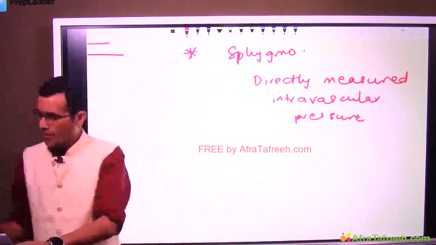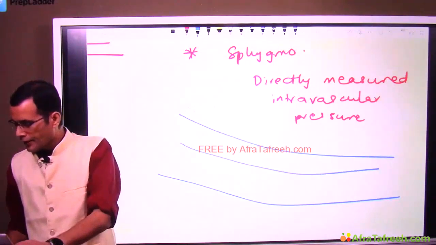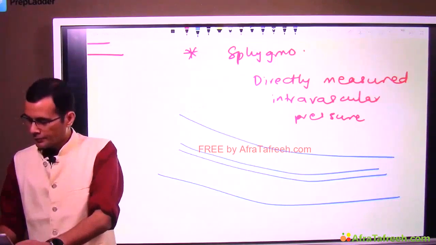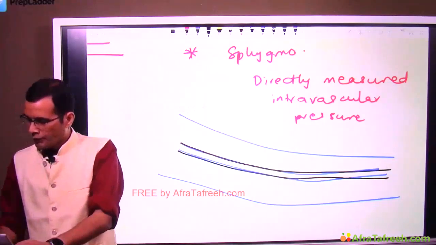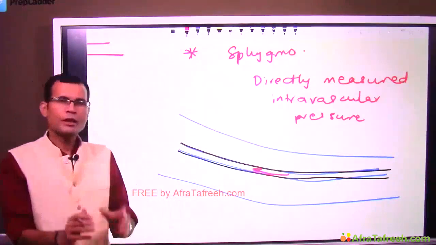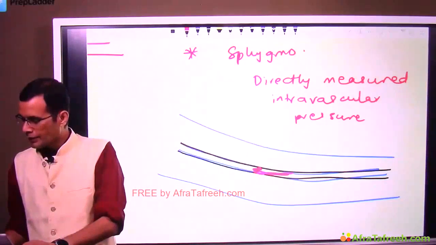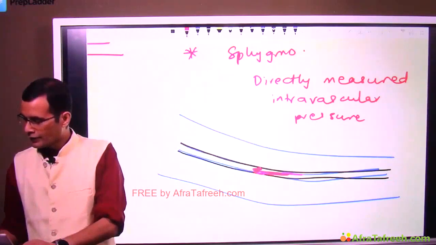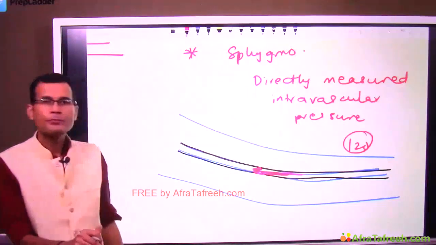Now why is that? Look, the artery is deep within. Okay, here is a brachial artery. We have inserted a catheter and it's connected to the manometer. So that gives you, let's say, direct pressure measurement from the intravascular catheter. The pressure is, let's say, 120 mm of Hg.